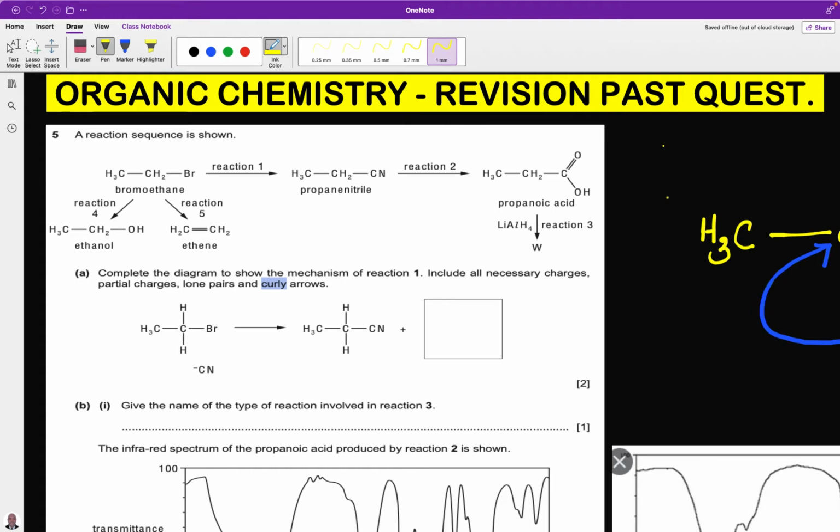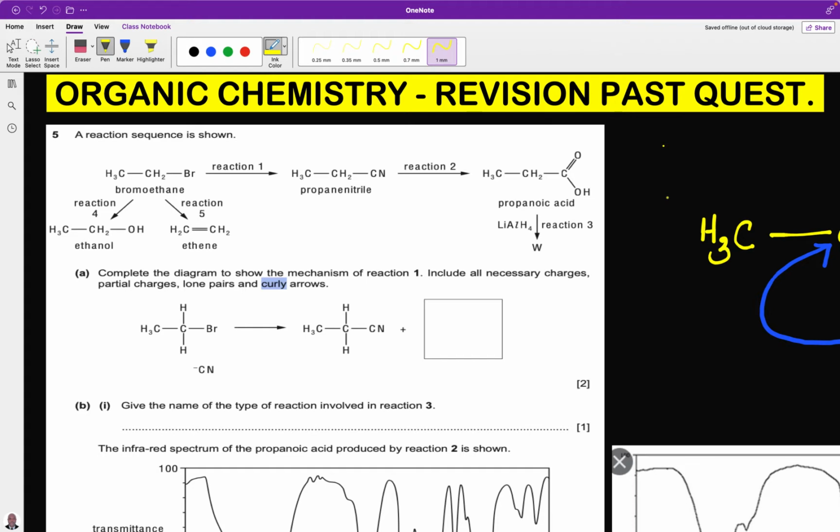We will be starting with question number 1. A reaction sequence is shown. Bromoethane undergoes reaction 1 to form propanenitrile.